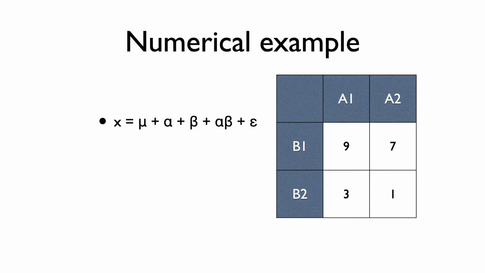So the grand mean is what? 9 and 7 is 16, and 3 is 19, and 1 is 20. So it's 20 divided by 4, because it's 1, 2, 3, 4. So the grand mean is 5. We're going to take 5 out from all of these.